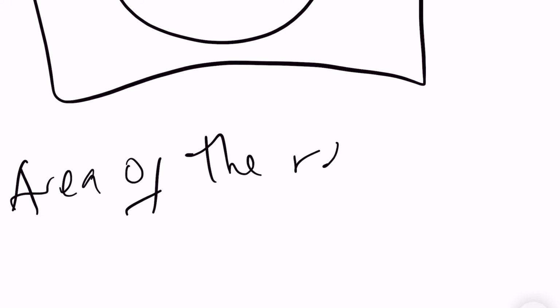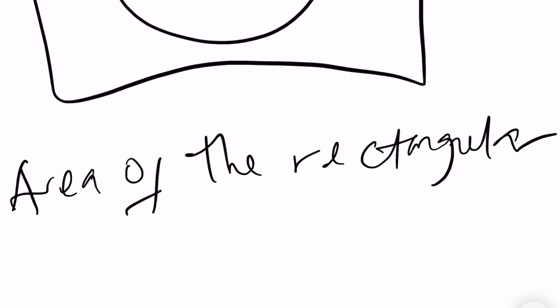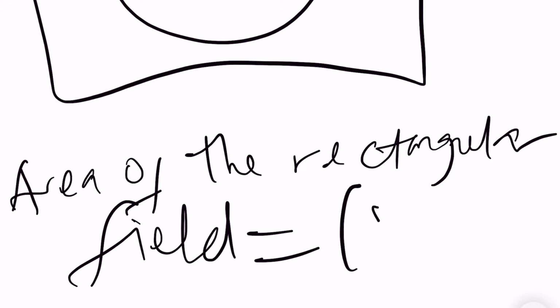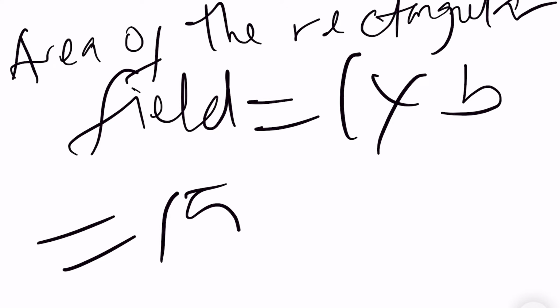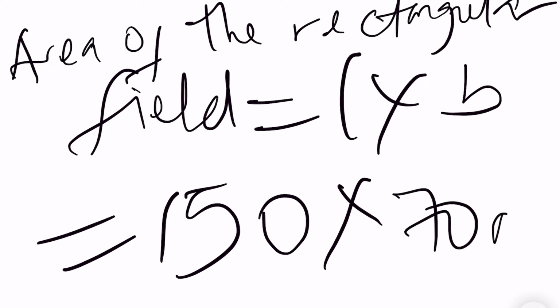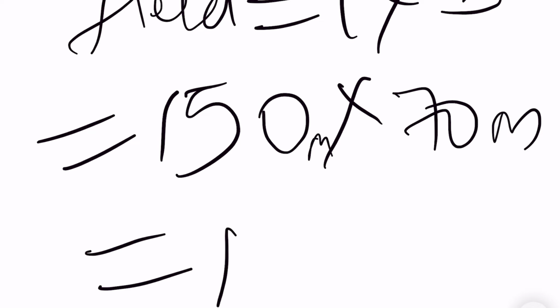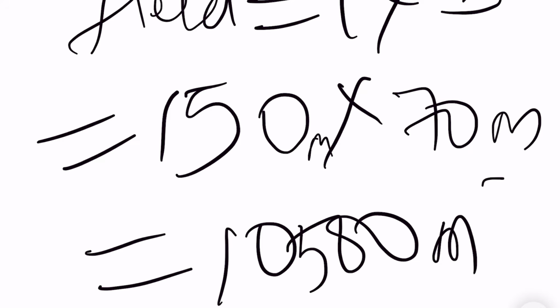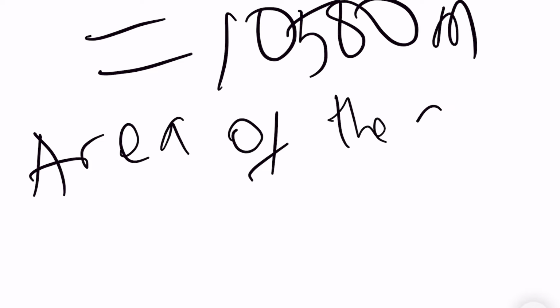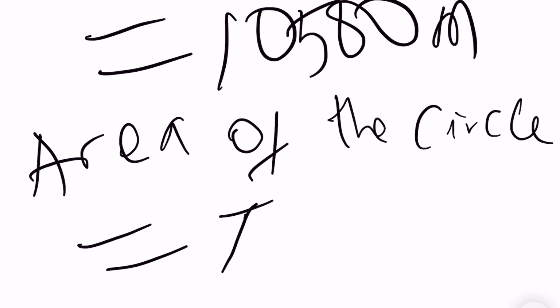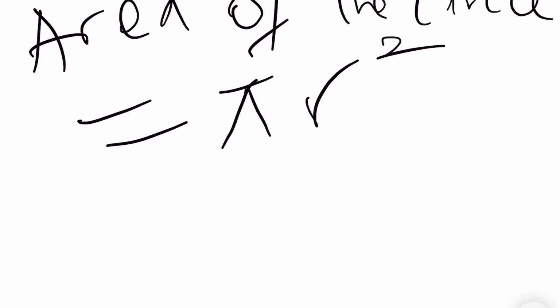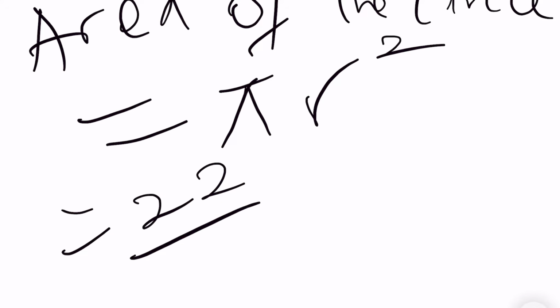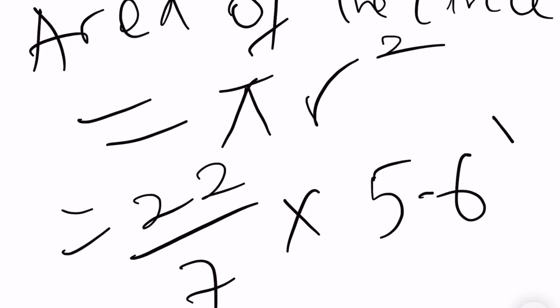So we have the area of the rectangular field to be length times breadth, where we have it to be 150 times 70 meters. So we have this to be 10,500 meters squared. And the area of the circle is pi r squared, where we have it to be 22/7 times 5.6 squared.